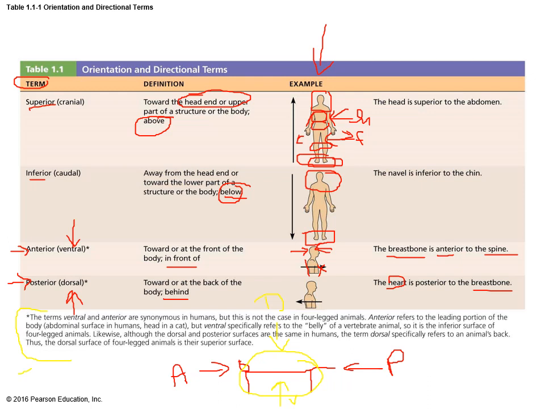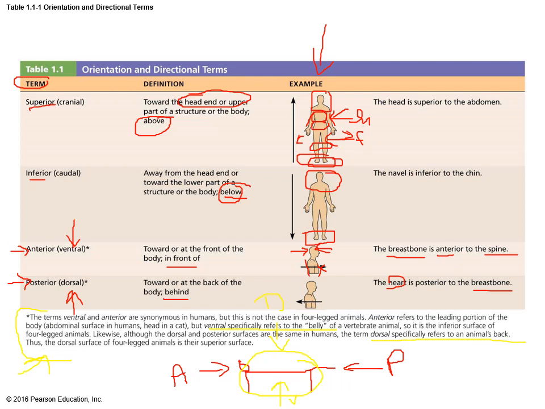It kind of describes the fact that when you're doing a four-legged organism, you see that ventral is specifically referring to the belly, and that we're going to be utilizing our dorsal to indicate what's happening on the back of the animal. So that's the only difference really where you would have a difference between anterior and ventral and posterior and dorsal is when you're looking at a four-legged animal.